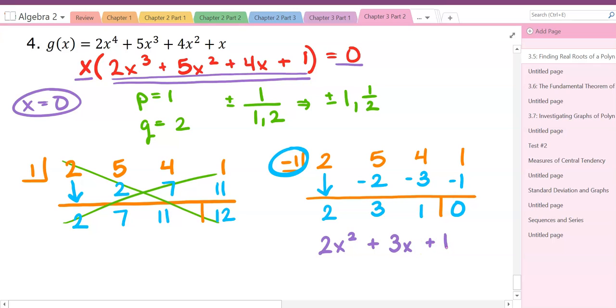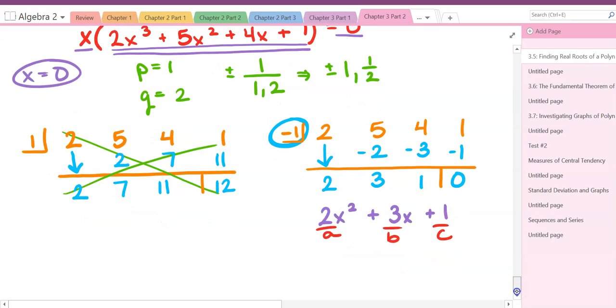Do you want to try to factor this one, or would you rather just use quadratic formula? What would you rather do? They're both about the same amount of work for this problem. Quadratic? So can you tell me then what's my A, my B, and my C for this problem? Good.